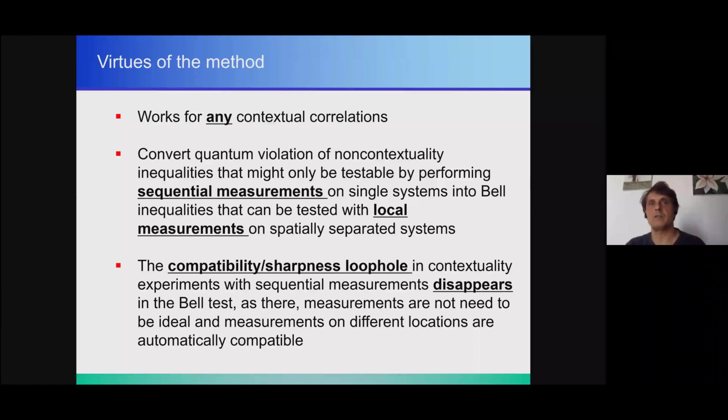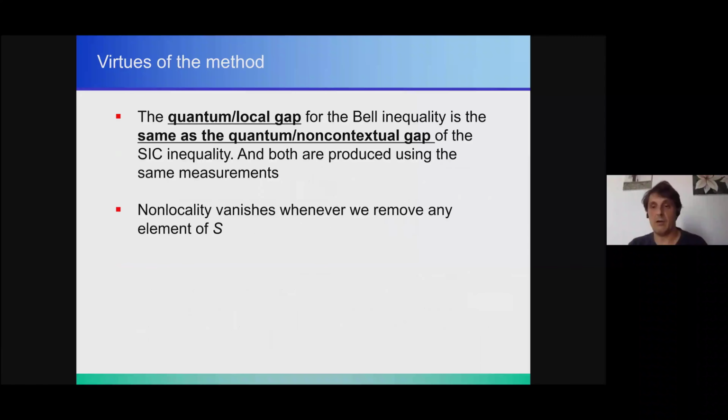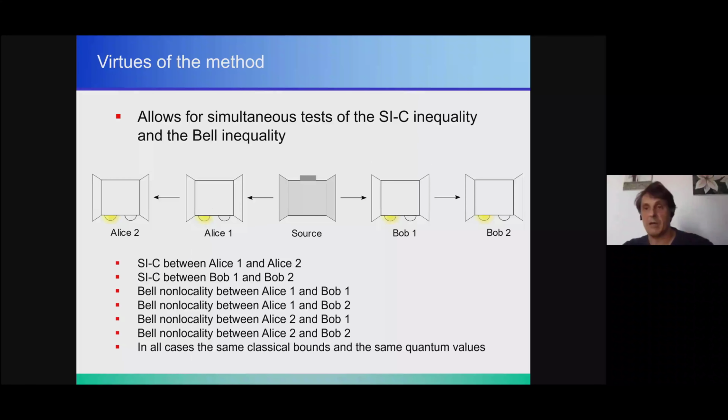Therefore, the so-called compatibility loophole, or compatibility sharpness loophole, in contextuality experiments with sequential measurements disappears in the Bell version, because in the Bell version measurements do not need to be sharp. And also the compatibility is guaranteed mathematically by spatial separation.